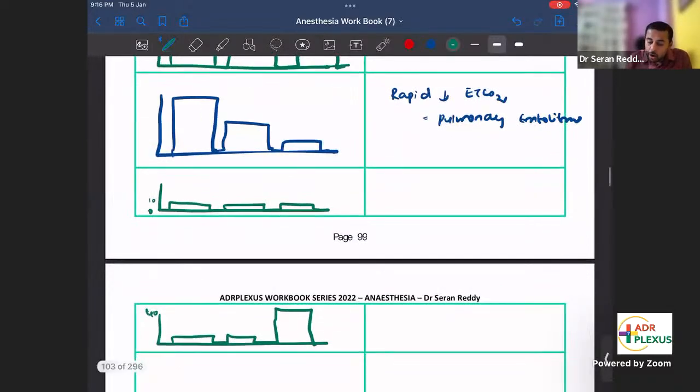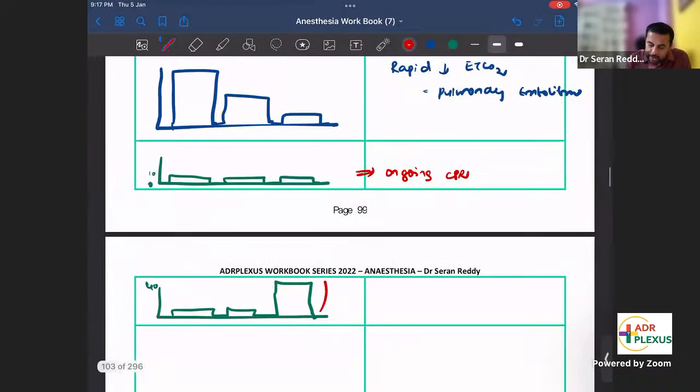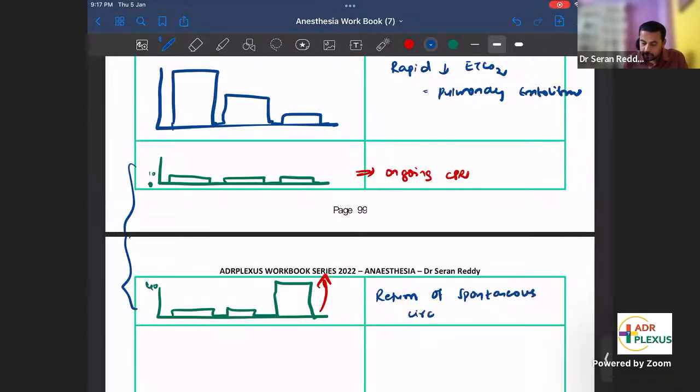So this is an ongoing CPR, and the sudden increase of the capnography waveform indicates a return of spontaneous circulation. Usually these two waveforms will be given adjacent so that it will be easier for you to identify. Return of spontaneous circulation, ROSC.